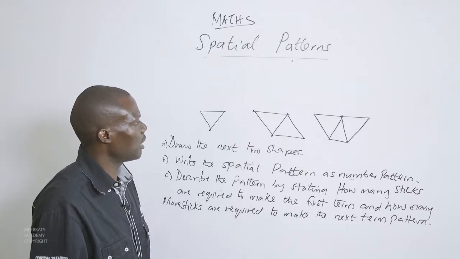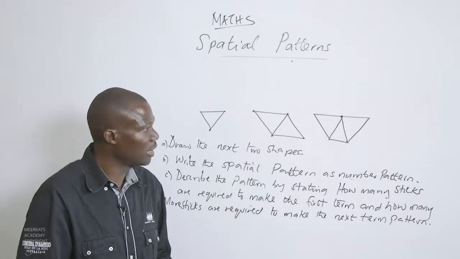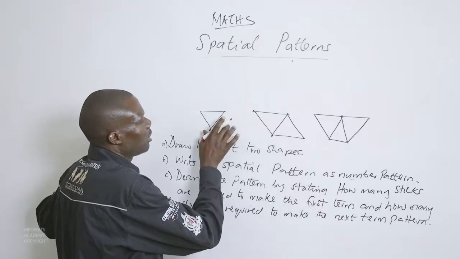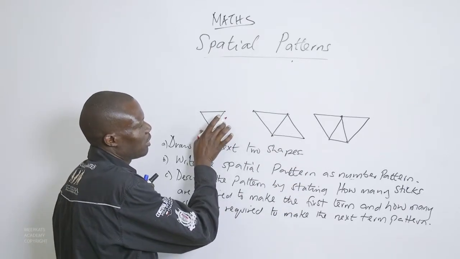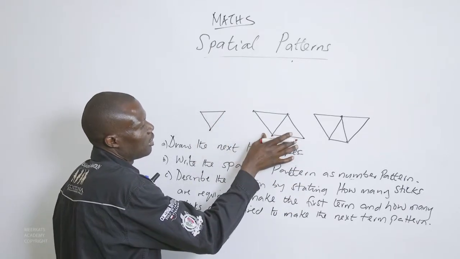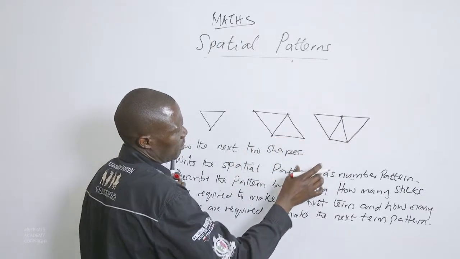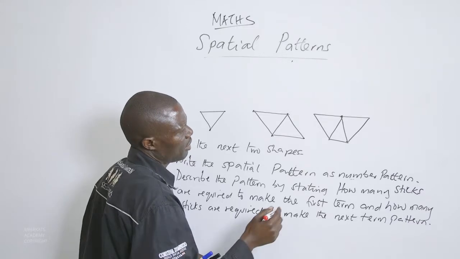So first, let us start with the first part. I'll draw it above it. So if this is the first one, this is one triangle, two triangles, three triangles.